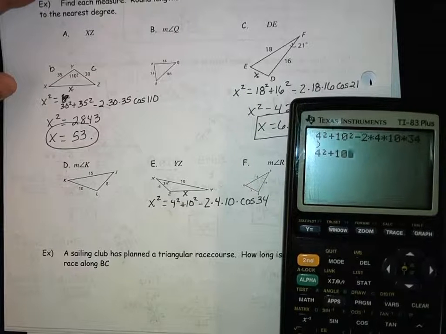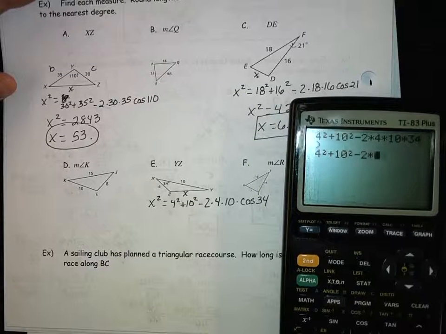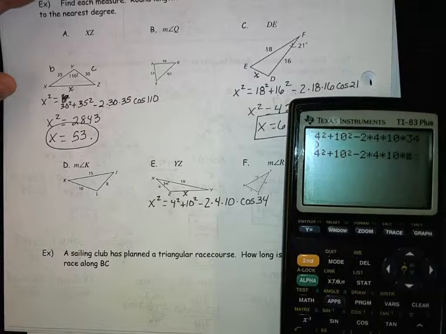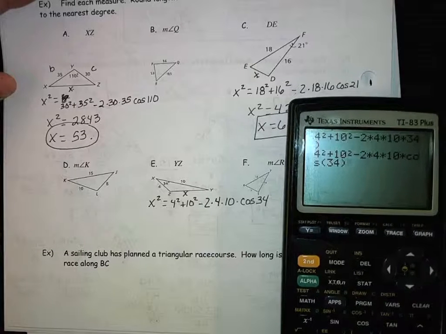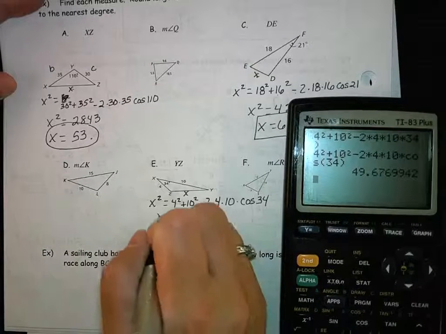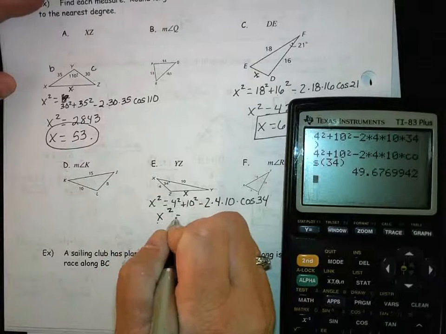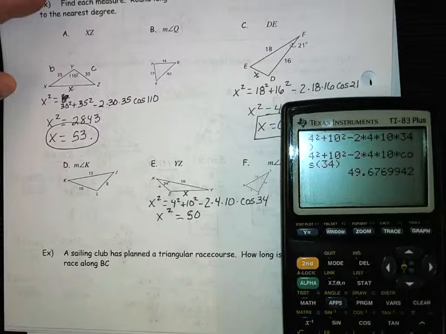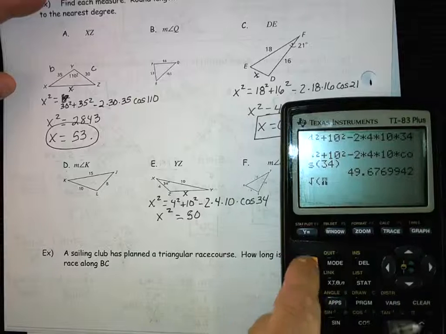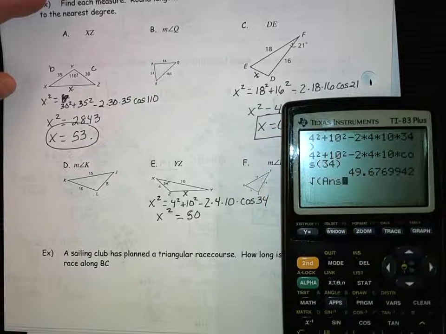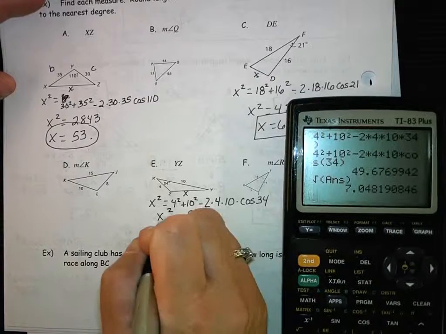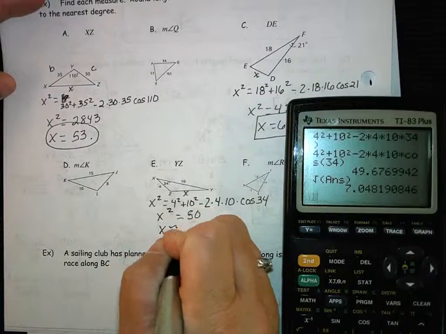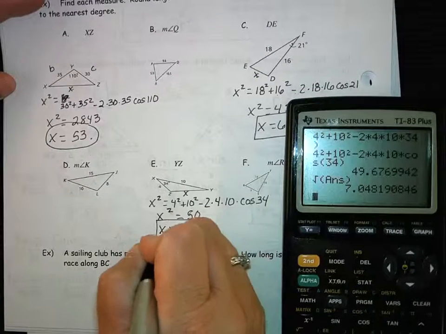Apparently I did something wrong there. That equals 49.67. So I'm going to round to about 50. And then we square root, hit second in that negative, it pulls your answer back, and we end up with x equaling right about 7.